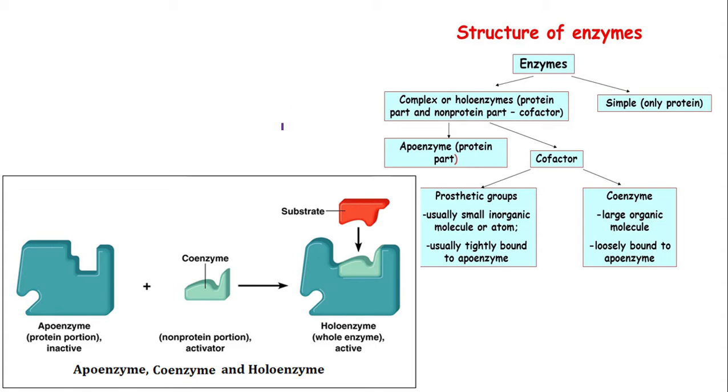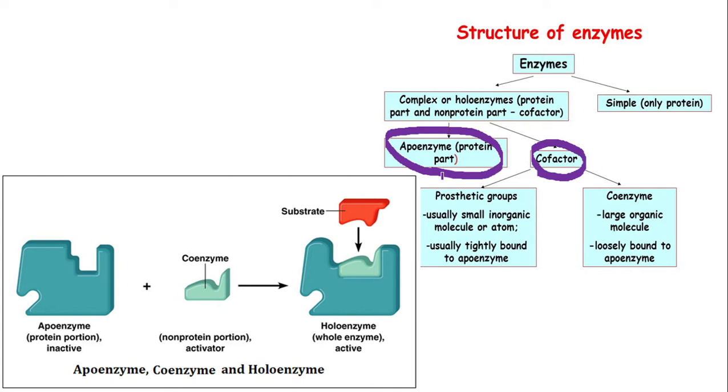Some of them are very simple enzymes because they consist of only protein molecule, while others are complex enzymes or holoenzymes because they are associated with a non-protein part. That non-protein part is called a cofactor, while the protein part is called an apoenzyme.